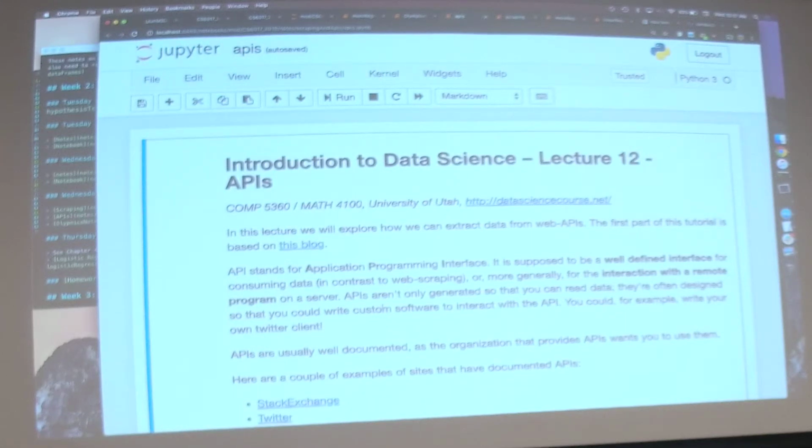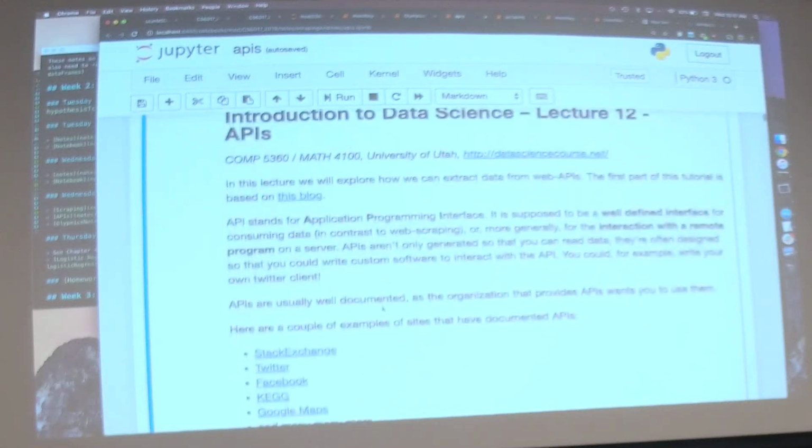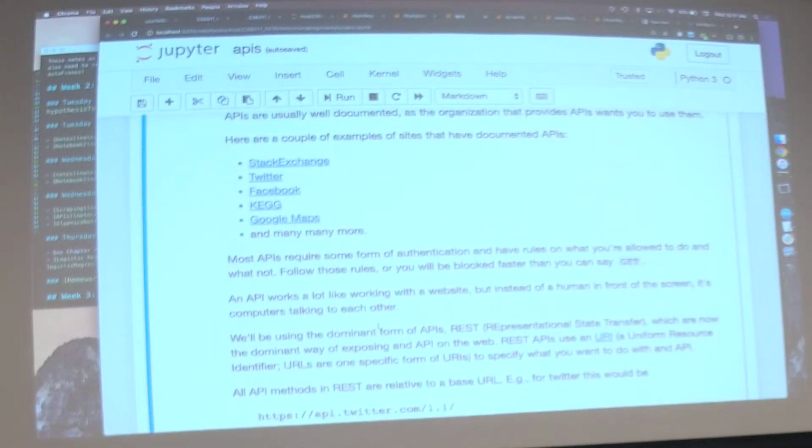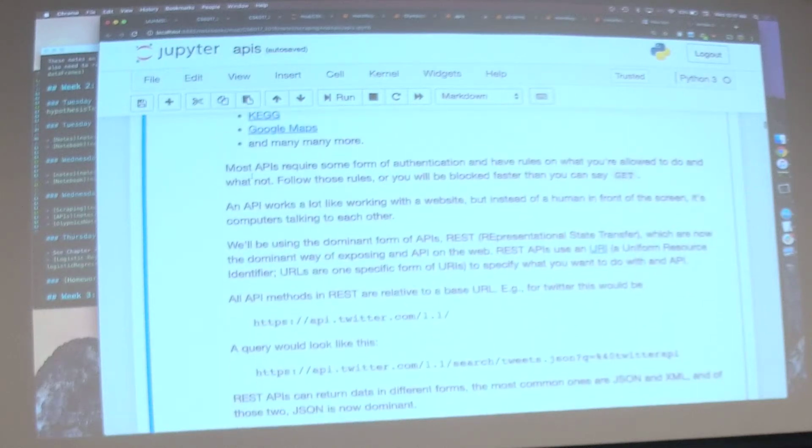So we'll take a look at a few different APIs. We're going to play with a cool one that gives us information about the space station, and we'll look at Twitter a little bit later. Usually we have to create an account with the API we're connecting to, and they'll give us some crypto token to include with our requests, so they know it's from us.